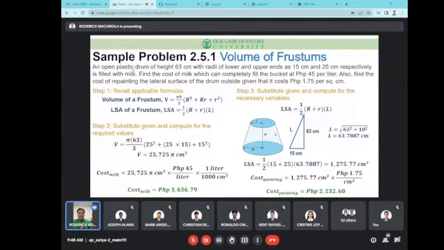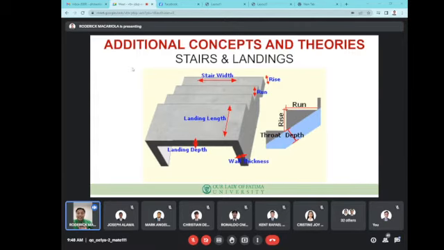Ayun. So, ganyan guys, merong mga additional information na kailangan nyo para sa midterm exam. Hindi ko sasabihin kung anong i-solve nyo sa mga yan. Ipapakita ko lang sila. Ito yung una, stairs and landings. Ganyan yung itsura ng stairs and landings. Yung run is also the tread of the stairs. Yung run ay yung lapad, yung inaapakan nyo. Tapos yung rise naman, yung taas ng stairs.